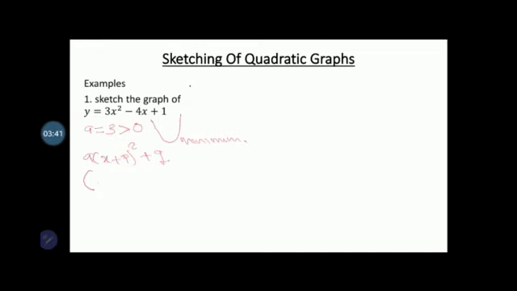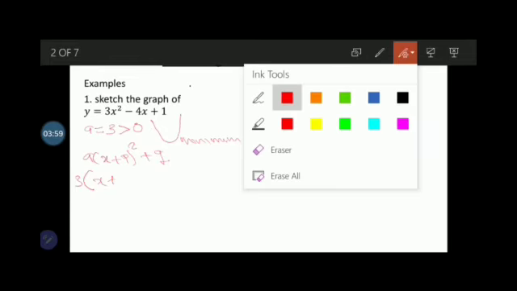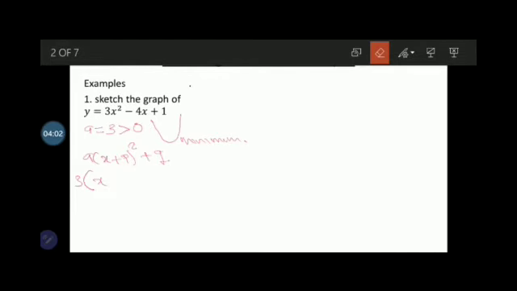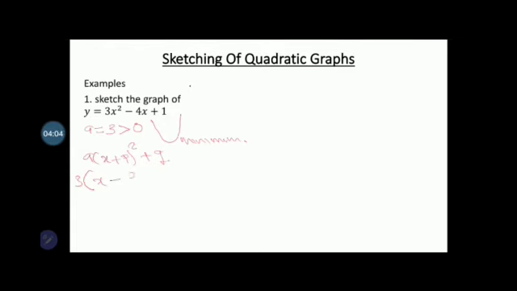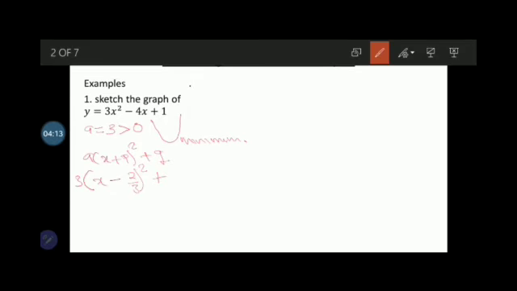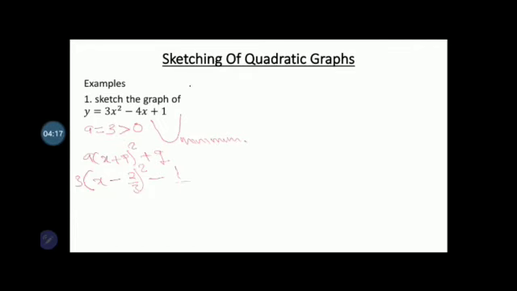So you'll find that it's going to simplify to a, which is 3, times x minus 2 over 3, squared, minus 1 over 3.